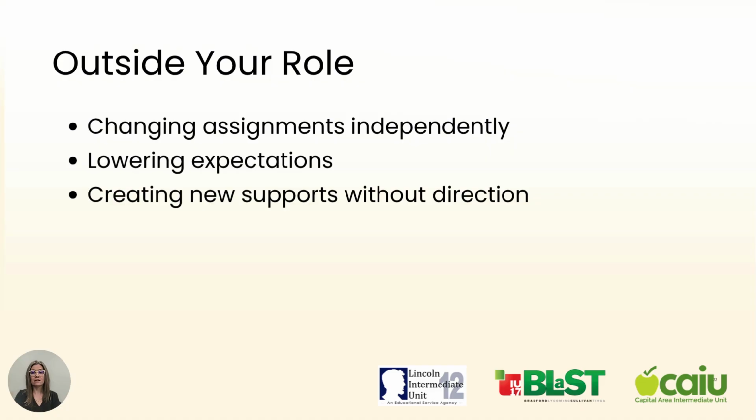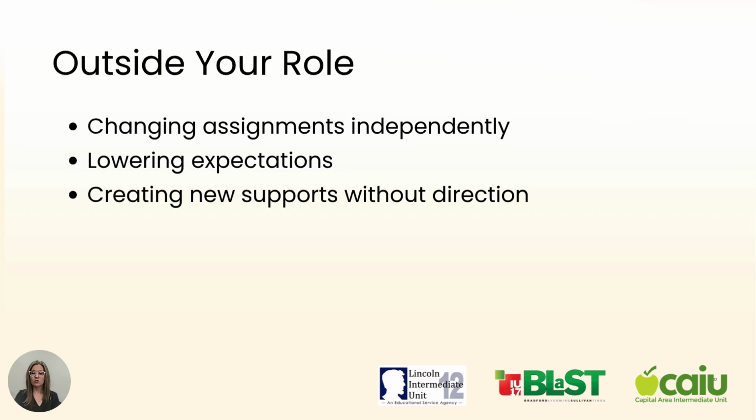These are areas where things can sometimes become a little blurry, especially because paraeducators genuinely care about students and want to help them feel successful. However, independently changing assignments, lowering expectations, or creating entirely new supports without teacher direction can unintentionally change the purpose or rigor of the task. For example, deciding a student only has to complete half the assignment, skipping more challenging questions, giving answers so work gets completed more quickly, or replacing grade level work with easier material without guidance from the teacher.